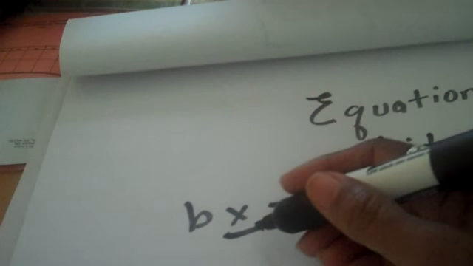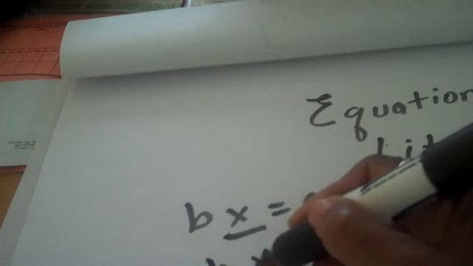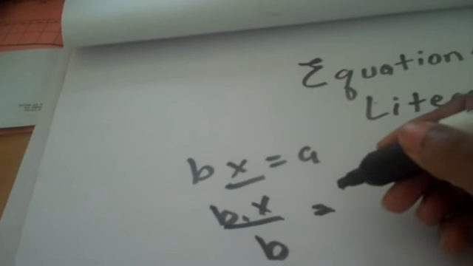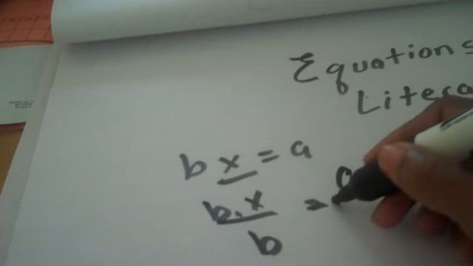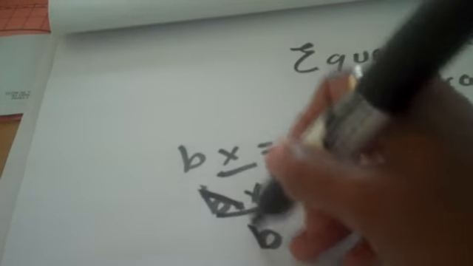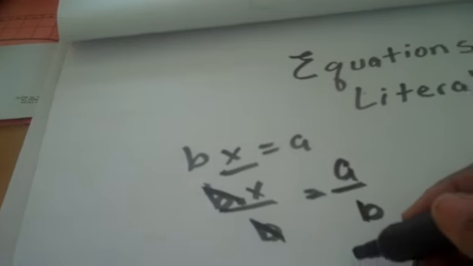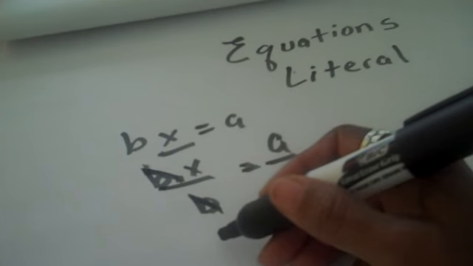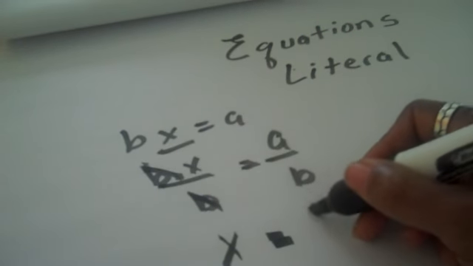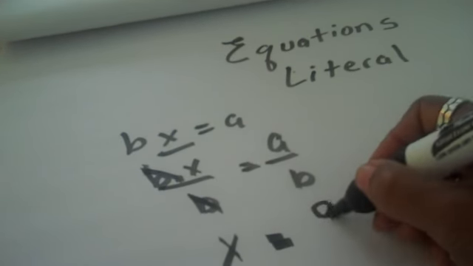To get rid of the coefficient of x, we have to divide both sides by b. The b's divide out on the left side, and you're left with x. And on the right side, you can't simplify, so we're left with a over b.